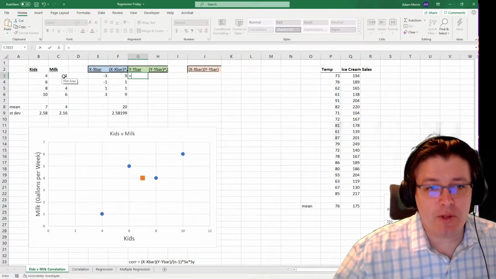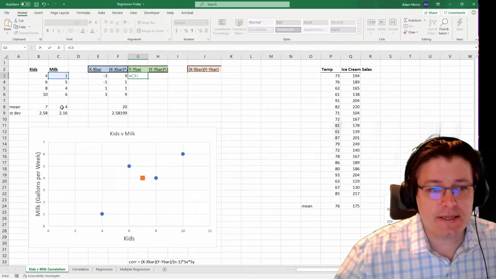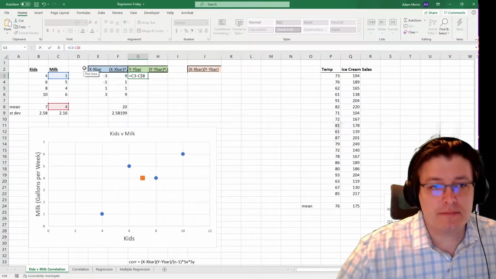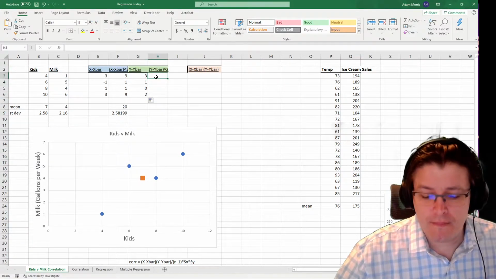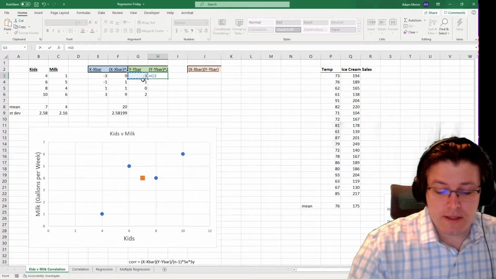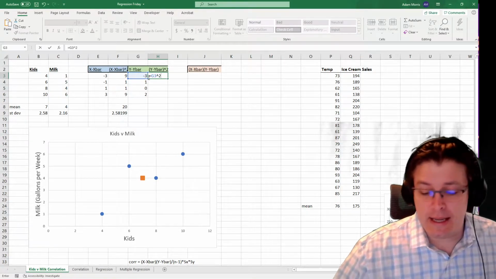Okay, so again, same with the y bar. We can do y minus the mean of y, y bar. I'm going to lock that in with a $ sign, so I can simply pull this down. Okay, and then same thing here. Let's square that, and again, I can pull it down.